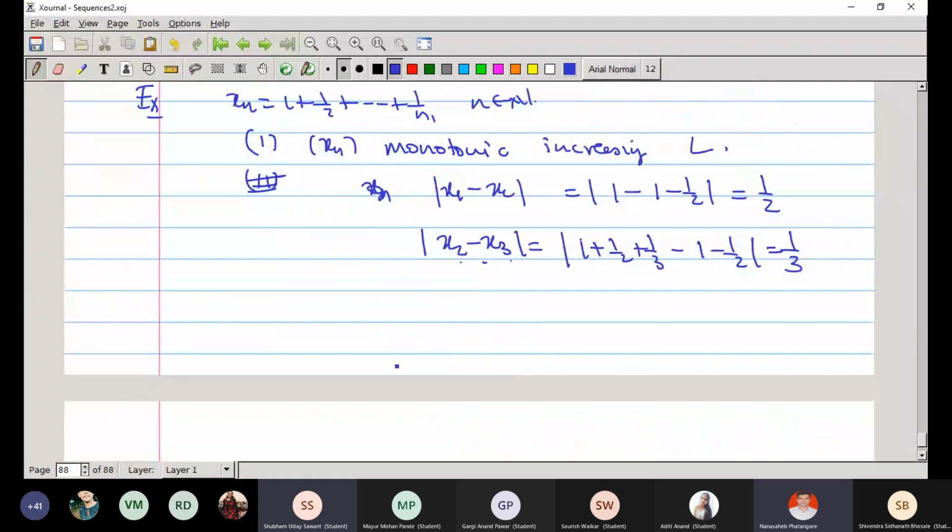Can you get a constant? n plus 1 upon n plus 2. Is it a constant? No, sir, it's varying with the terms. So the constant should not vary with n.